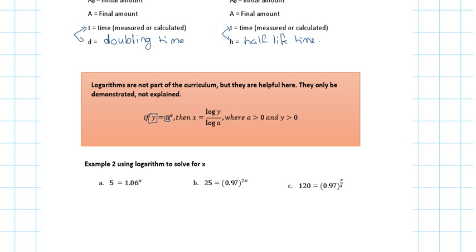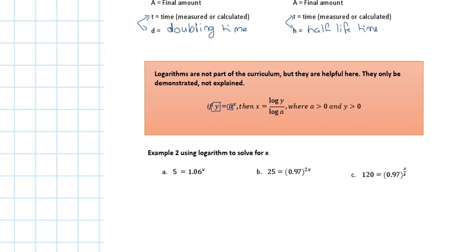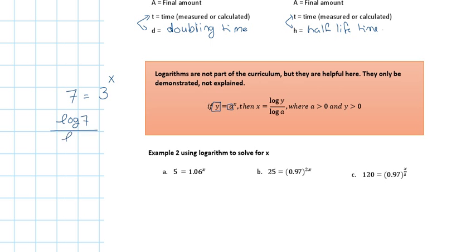For example, if I have 7 equal to 3 to the power of x, to solve for x, I do log of 7 over log of 3, and that would give me what x is without doing any trial and error. And it will give it to me to the nearest decimal.